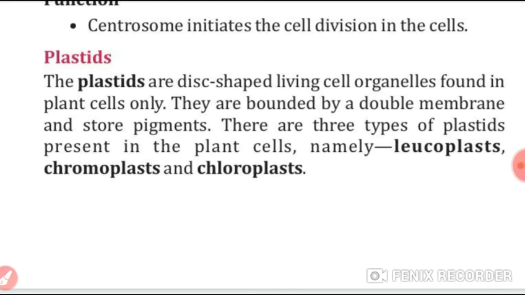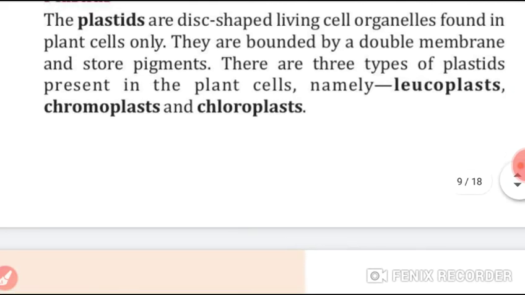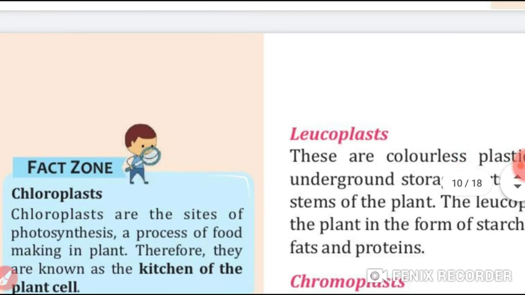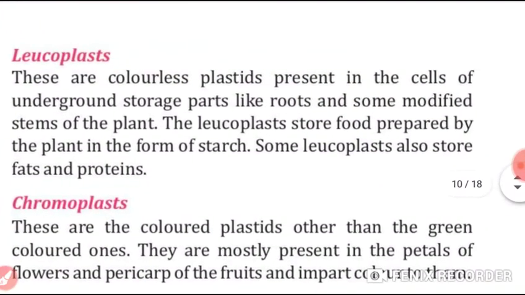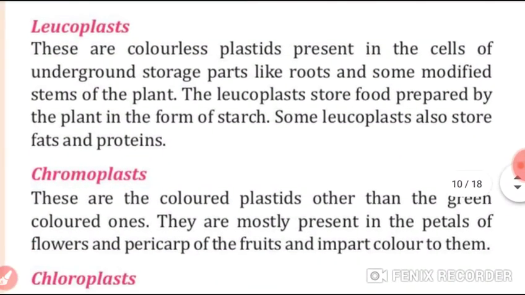There are three types of plastid, students, in the plant cell: leucoplast, chromoplast, and chloroplast. One by one we will study about them. Leucoplast. First, students, these are colorless plastids and they are found in the underground storage parts, like roots and in some modified stems also.